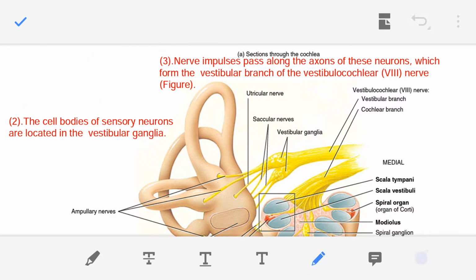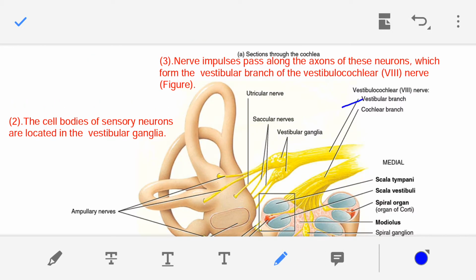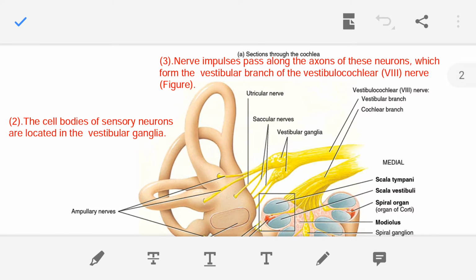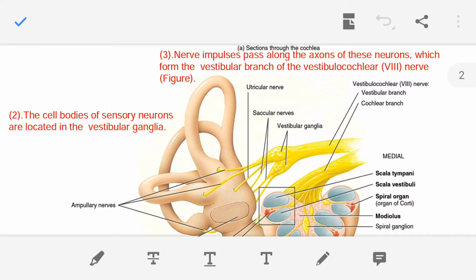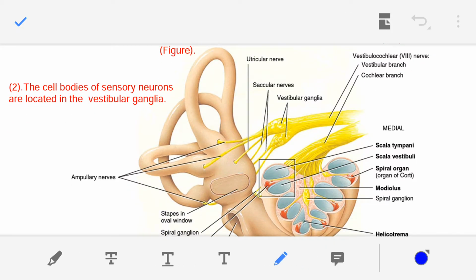As you can see, the cochlear branch and vestibular branch are merging, and now they form the vestibulocochlear nerve. Now this vestibulocochlear nerve is propagating the nerve impulse towards the brain center.